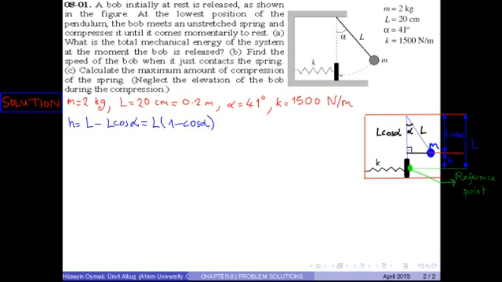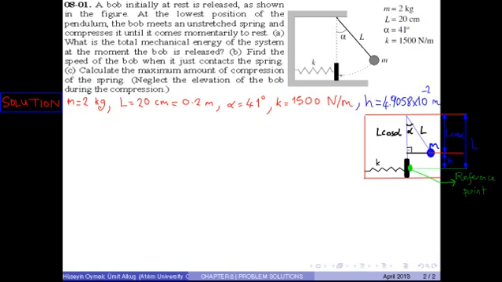Substitute the corresponding numerical values as 0.2 meters times 1 minus cosine 41 degrees, and you get 4.9058 times 10 to the minus 2 meters in scientific notation. Since we will use these results from now on, we write it in 5 digits.